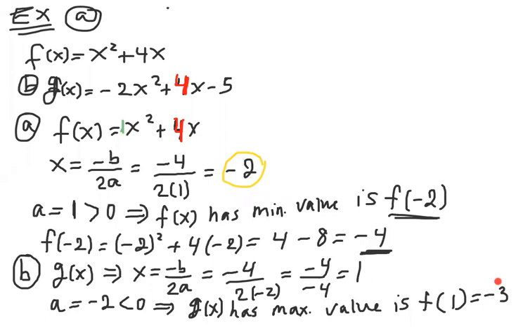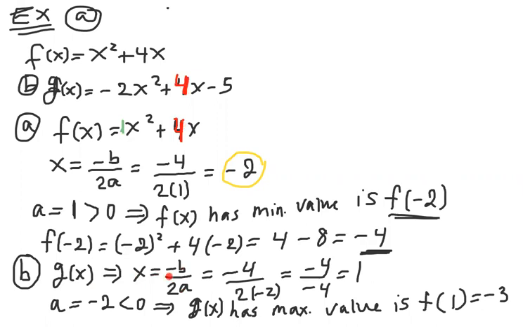Okay. For part B, again for the function g of x, first thing, like I said before, we have to find the value of x. The value of x is minus b over 2a. The value for b is 4.